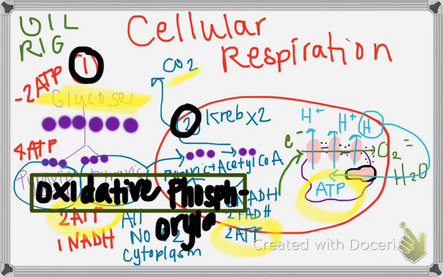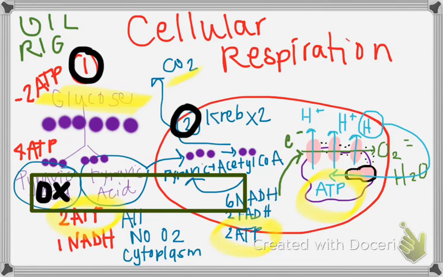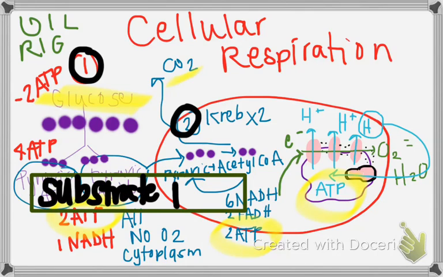I don't have enough room, but you get it. Okay, the third one is not called oxidative. Oh no, I totally messed up just now. I'm so sorry. Bad, Miss Gilbert. The first and second steps are called substrate level phosphorylation. Man, that was bad.